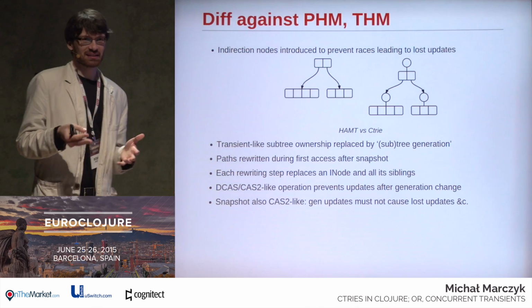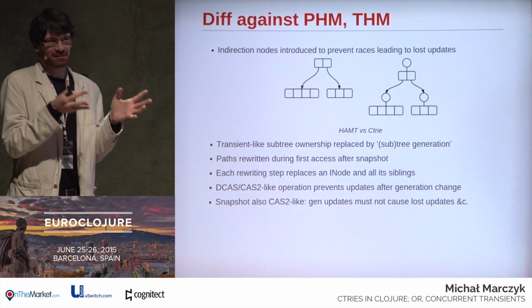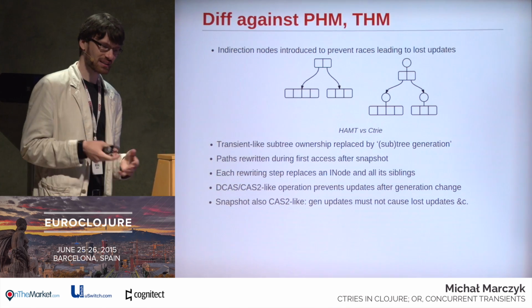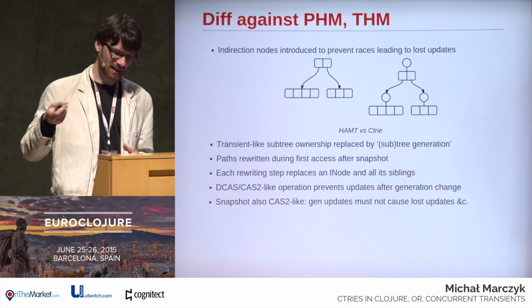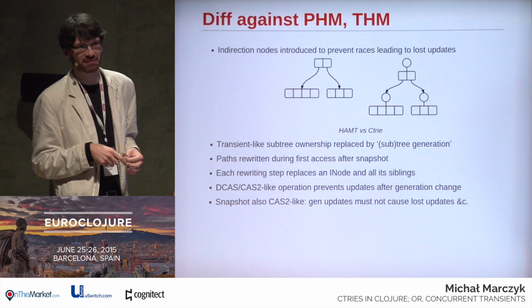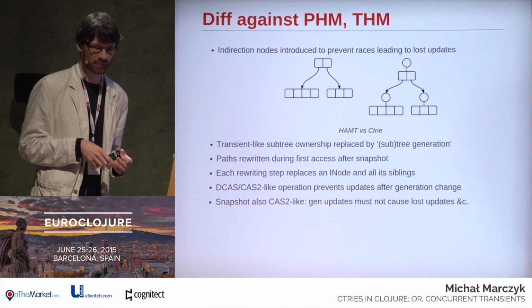Well, as I said, the C-tree is a variation on the theme of hash array mapped trees. It's yet another member of this family of data structures. And internally, it looks very similar.